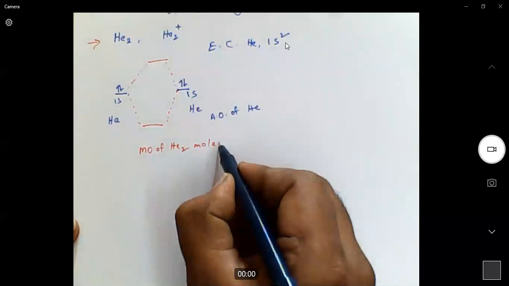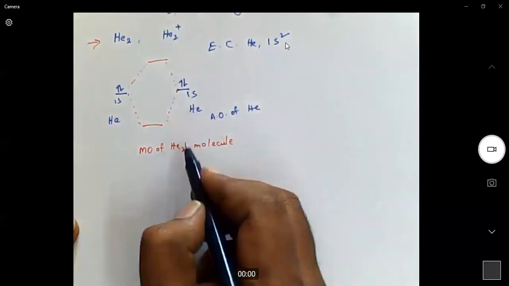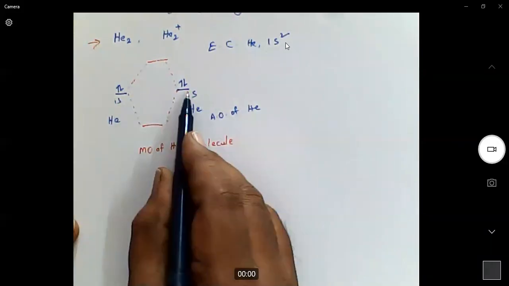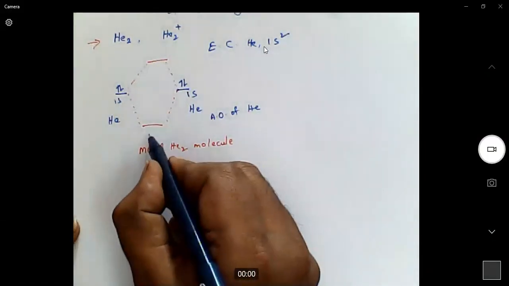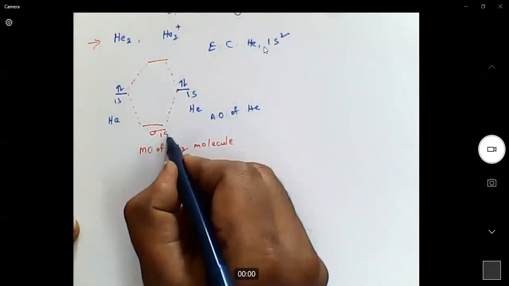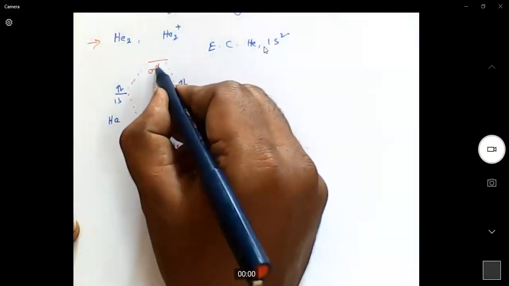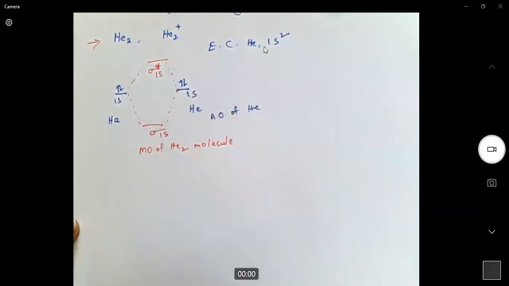So when two helium atoms combine, these two atomic orbitals mix and generate two MOs. The lowest energy MO is called sigma MO because it is generated from 1s orbitals, it is sigma 1s. The highest energy MO is called sigma star MO because it is generated from 1s orbitals, it is sigma star 1s.